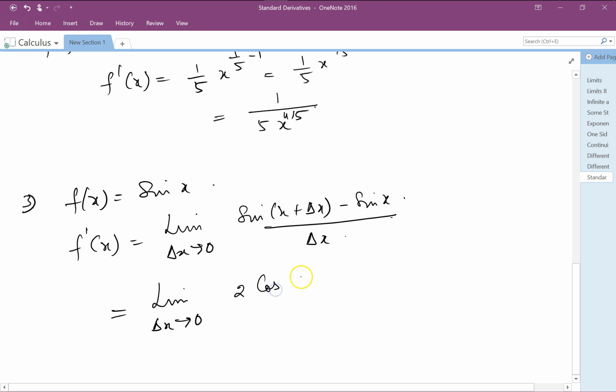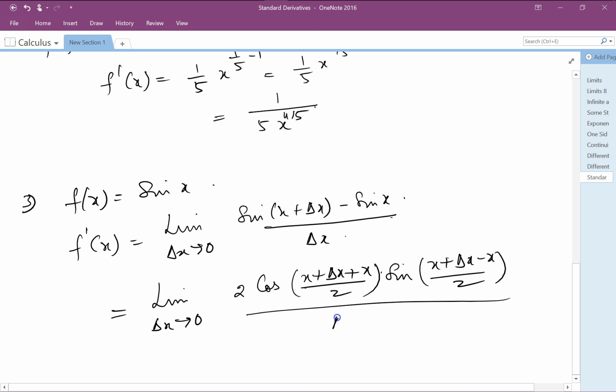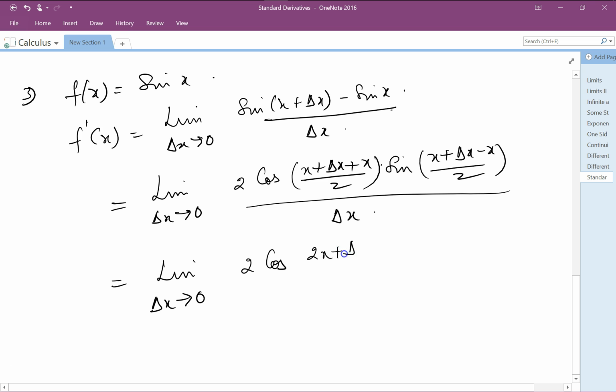So 2 cos of A plus B by 2, so x plus delta x plus x by 2, sin of A minus B by 2, so sin of x plus delta x minus x by 2, the whole thing divided by delta x, is equal to limit as delta x approaches 0 of 2 cos of 2x plus delta x by 2 times sin of delta x by 2, the whole thing divided by delta x.